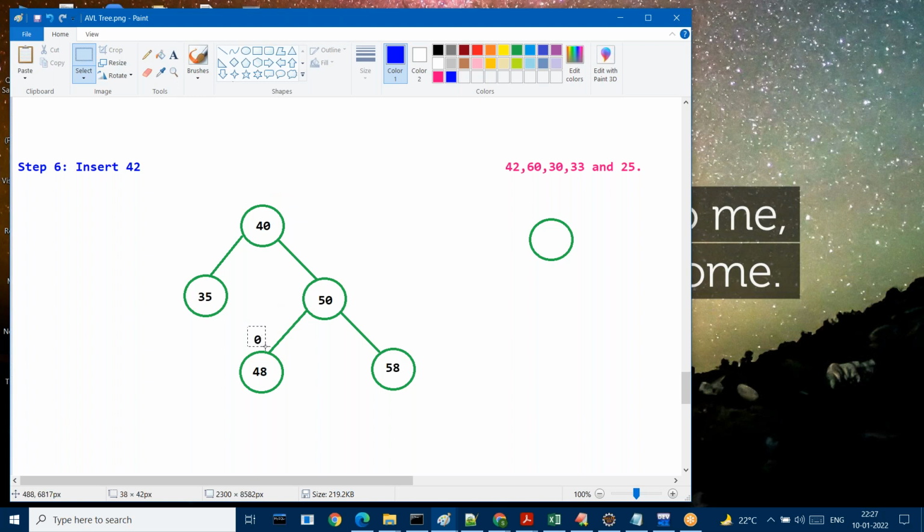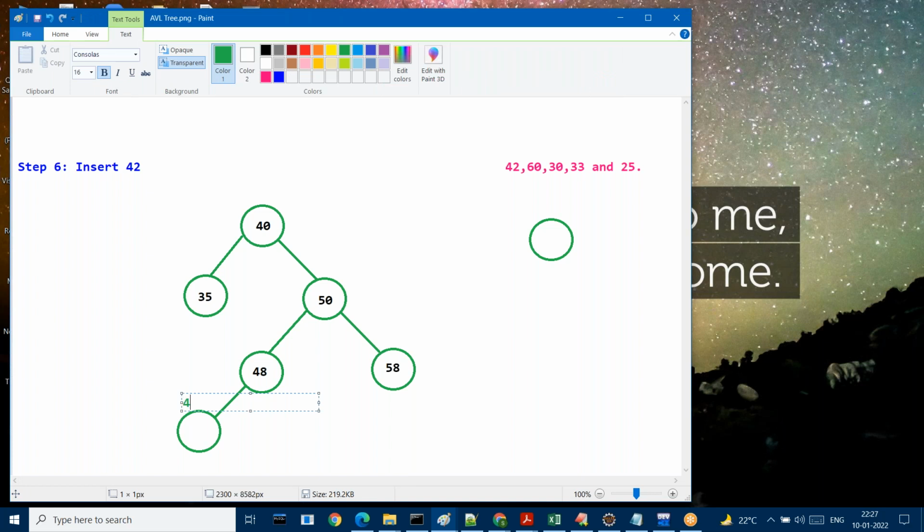Easy, sir. This is my 42. Greater than this? Yes. Come here. Less than this, sir. Come here. Less than this, sir. Insert here. BST insertion process, na sir. Already done. So very easily inserting, sir. Inserting is not the issue. The issue is identifying the pivot and then identifying the rotation. This time you will help me to identify the rotation.